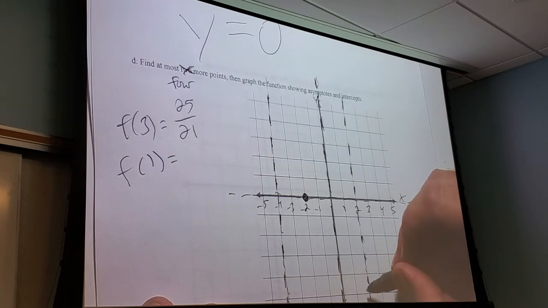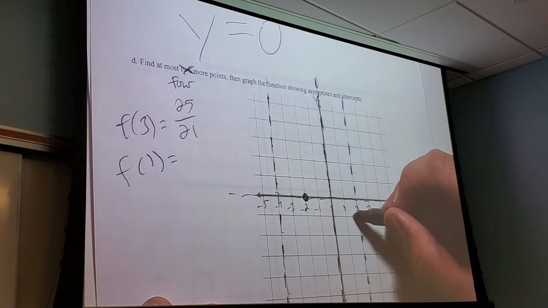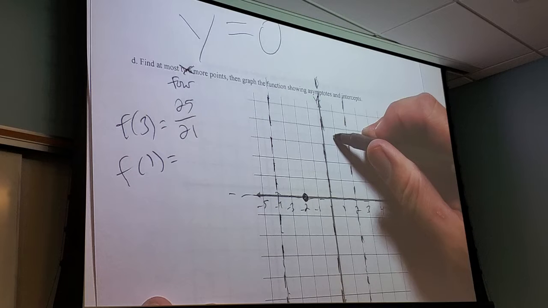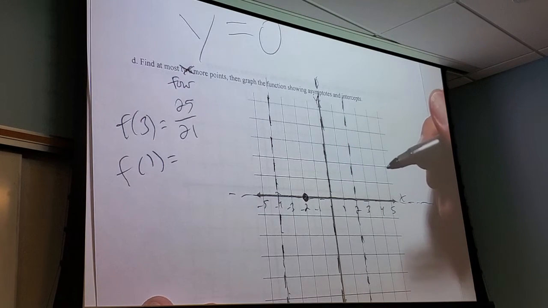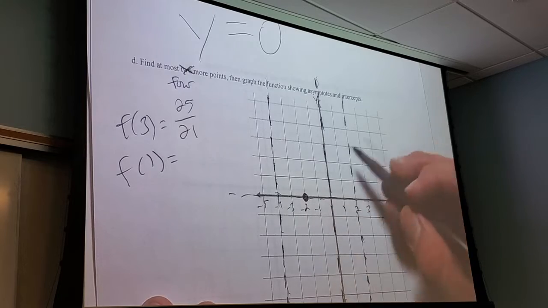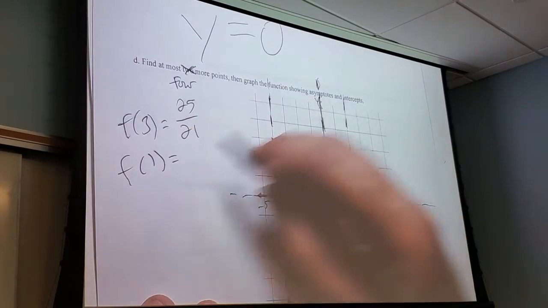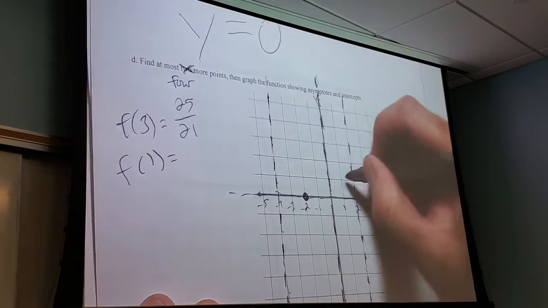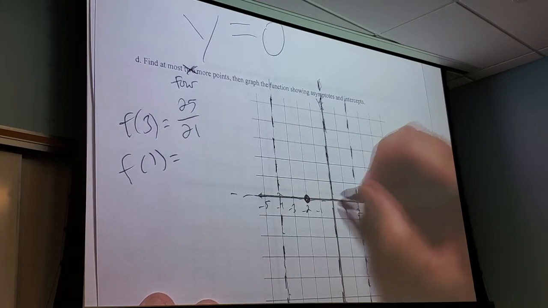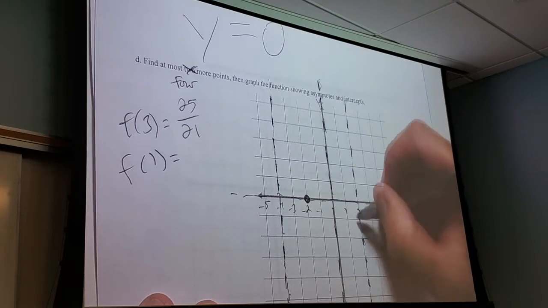What would it have to do to be able to go from here up to there? It has to be able to go through the x-axis, right? What's the only place it could go through the x-axis? Here. So if I put 1 into the function and it's here, then it's up here like a parabola. Because it can't, do you guys see, is there a door here? Nope. So it can't go through.